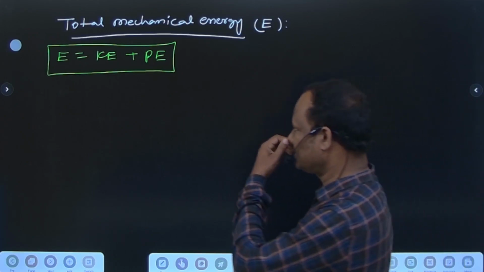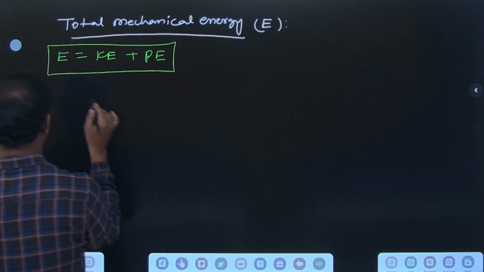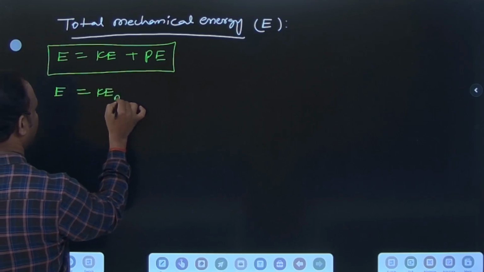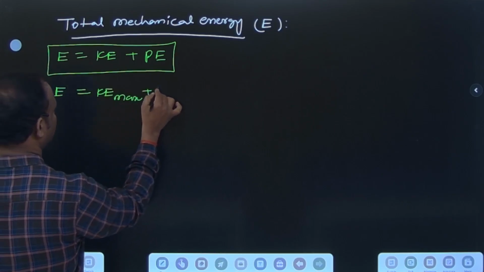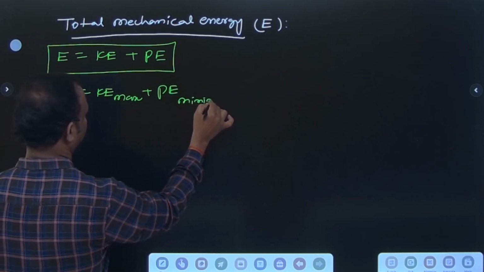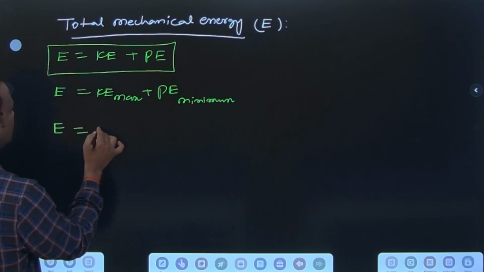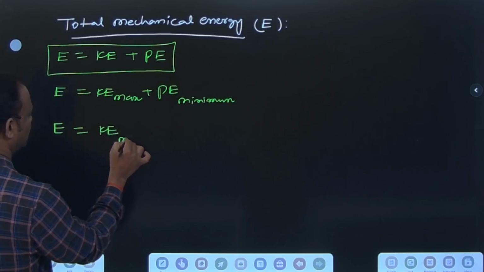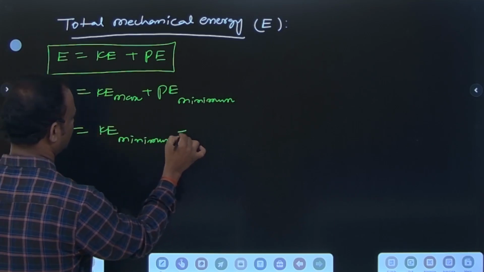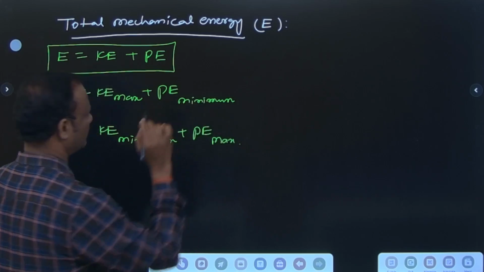It means total mechanical energy is equal to kinetic energy maximum plus potential energy minimum. Or kinetic energy minimum plus potential energy maximum.